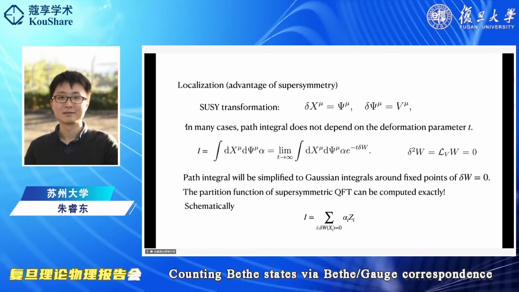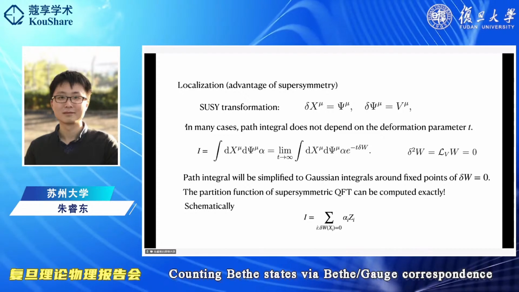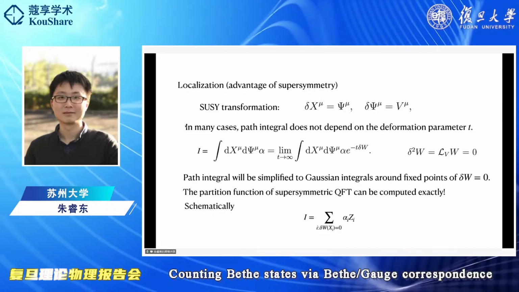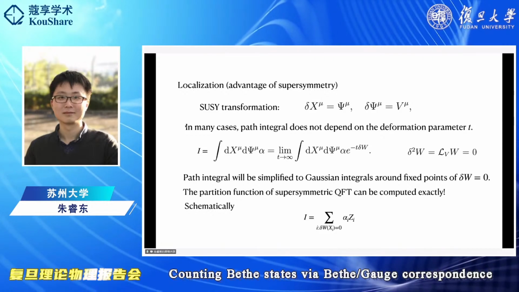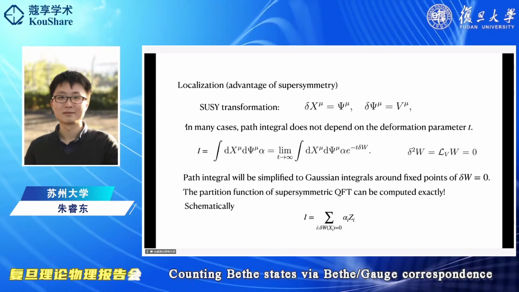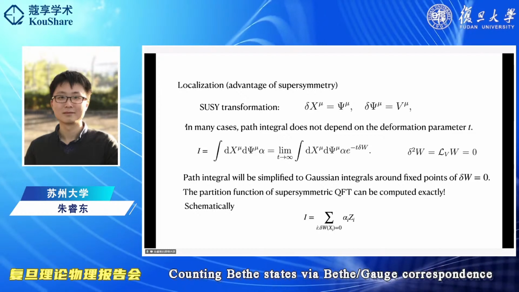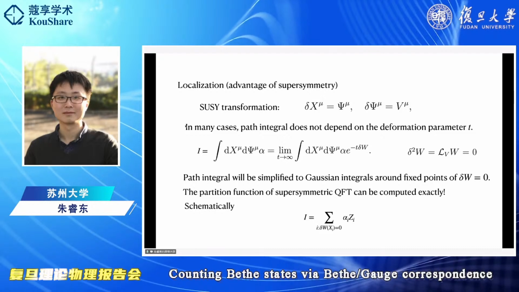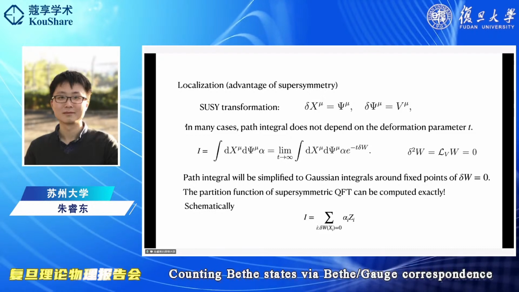For example, if we schematically denote the SUSY transformation as delta, it converts a scalar field X into a fermionic field psi, and so on. Then we can compute the path integral.